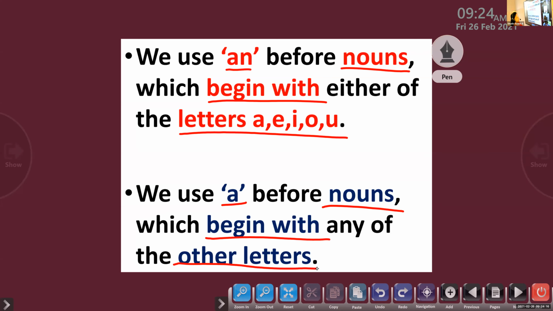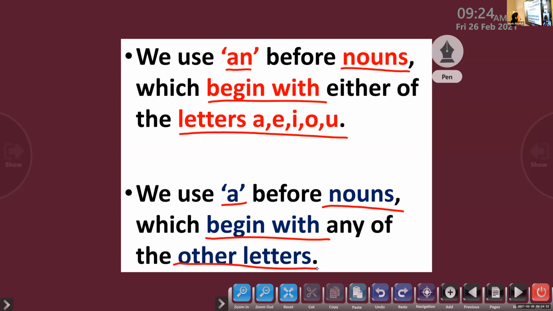What do you understand by any of the other letters, Tirtha? Unmute. Consonants. Yes, very good. Other letters here means consonants.